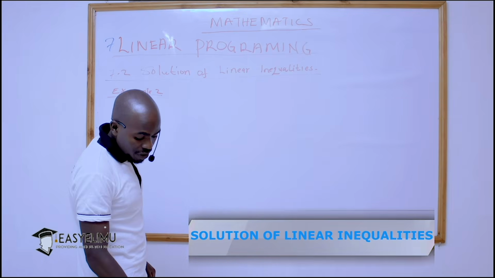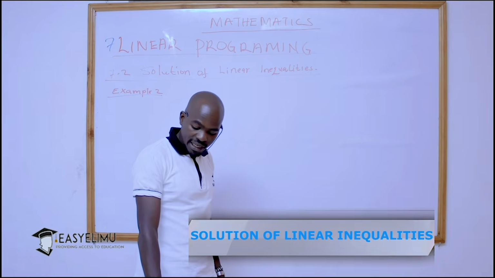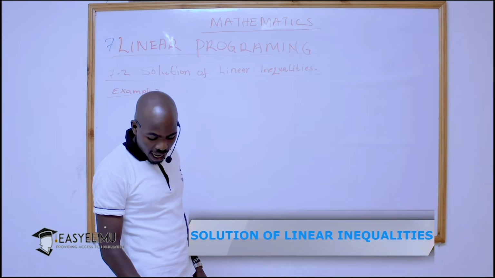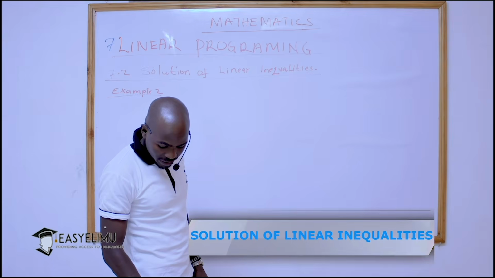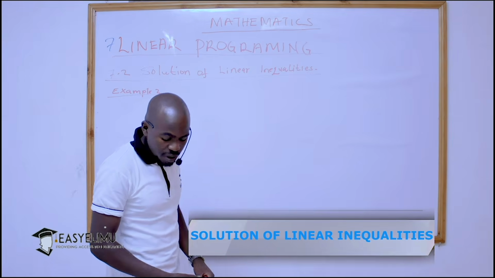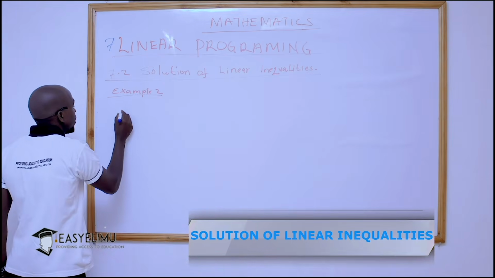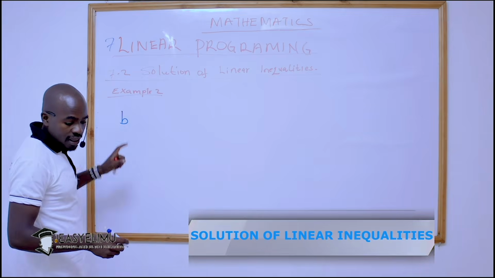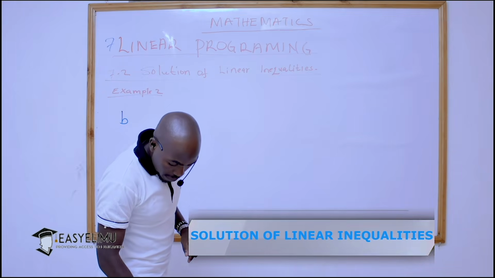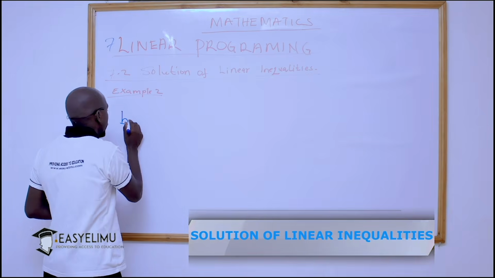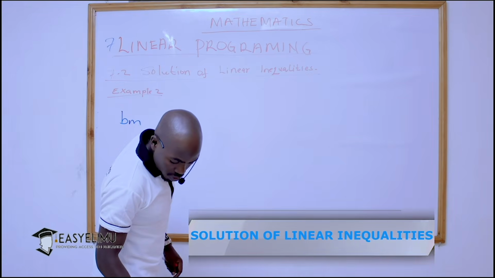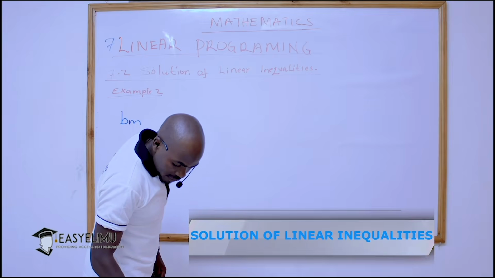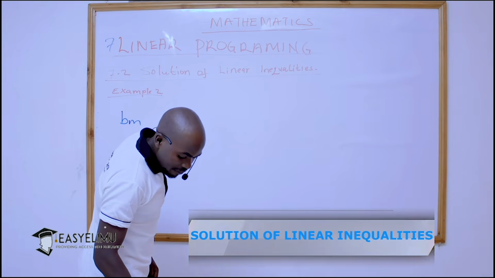So the length of the room is 4 meters more than its width, and the width is greater than 5 meters, and we are also being told that the width of the room is b meters. So if it is b meters, that's the width of the room, but we have been told that this width is greater than 5 meters.